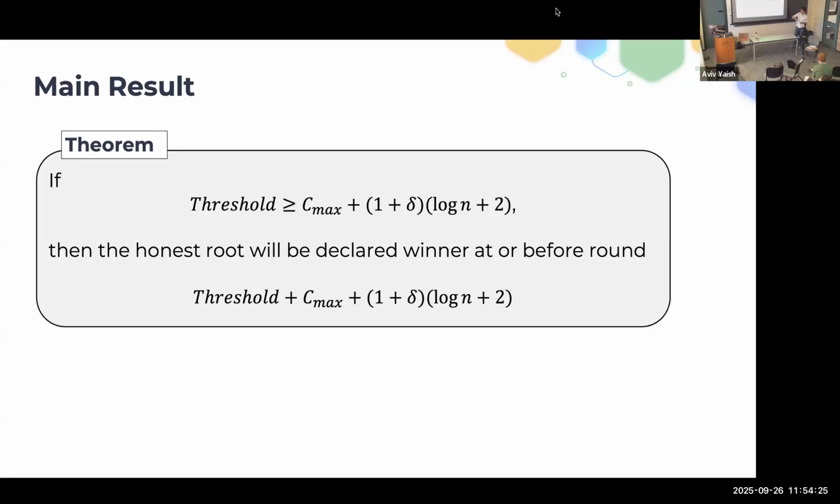And when will that happen? At most at round threshold plus this, so basically twice that. The smallest threshold you can set is exactly this right-hand side, and if you set the threshold to be that, then you will win by round twice that much.